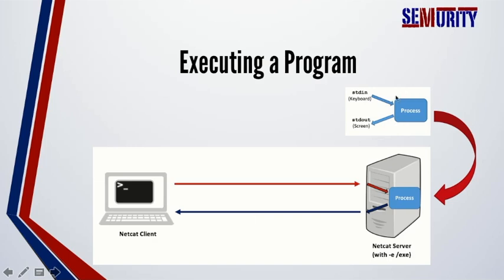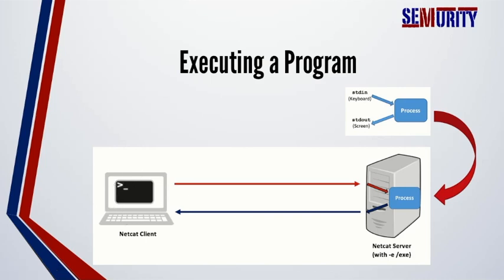However, when you run this process using Netcat's triggering mechanism, these input and output pipes are going to be redirected to the established socket. So the process is going to read input from the established connection and is going to print its output again to the established connection, reaching the remote system.